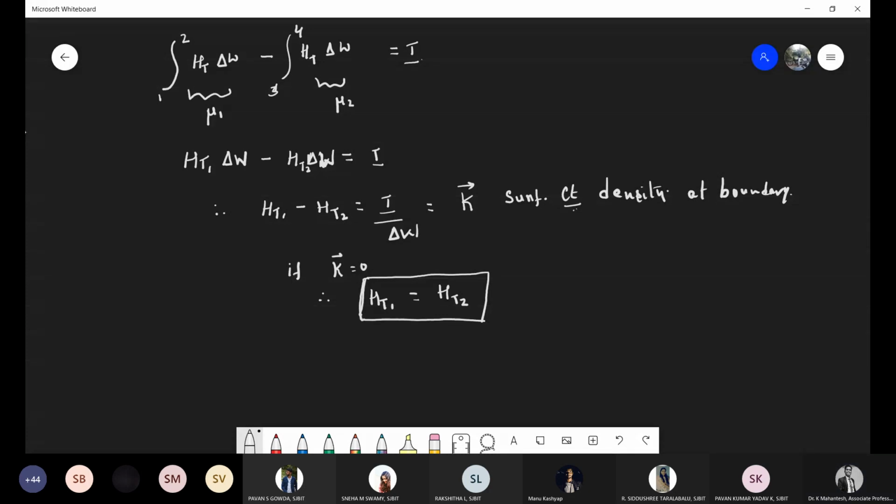So similarly, what is the tangential component for B? So what is B equal to?